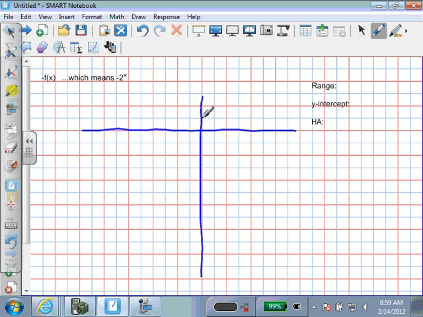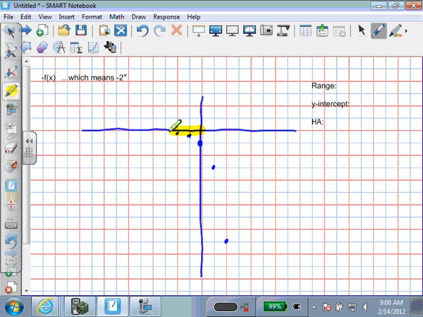So the point at 0, 1 is now at 0, negative 1. The point at 1, 3 is now at 1, negative 3. The point at 2, 9 is now at 2, negative 9. The point at negative 1, 1/3 is now at negative 1, negative 1/3, and negative 2, negative 1/9.